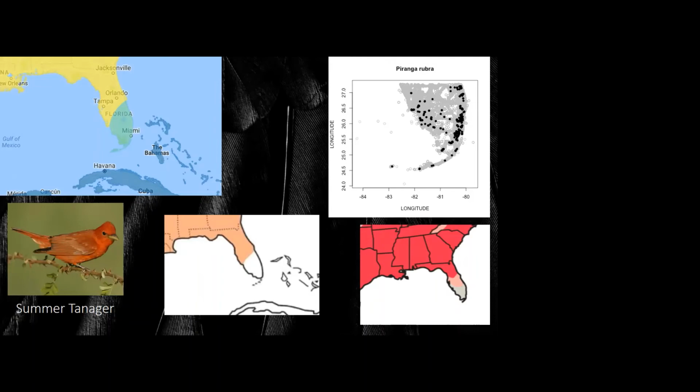Another thing I'd like to point out that you can see on the NatureServe map in the upper left-hand corner with this species and with several of the other species, a lot of these birds are known to overwinter in the Bahamas, in Cuba, throughout the Caribbean.